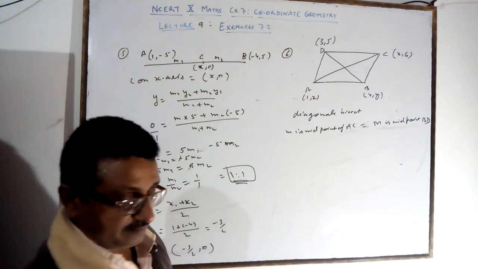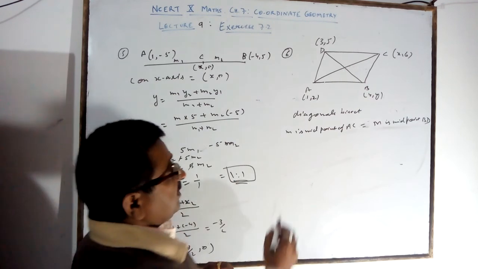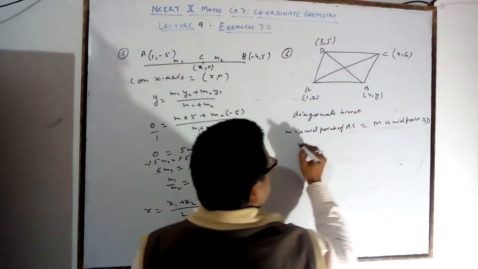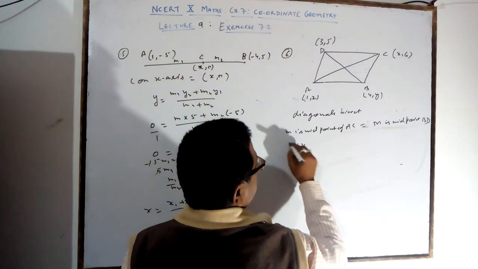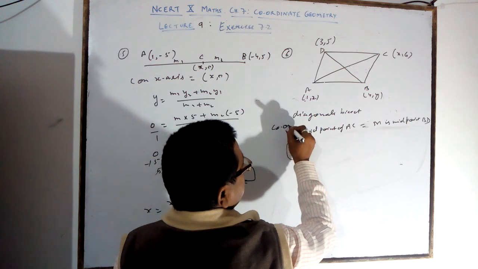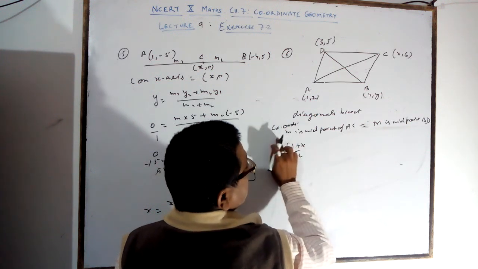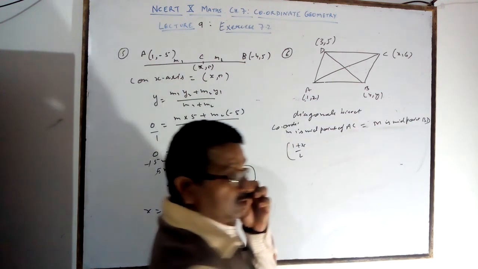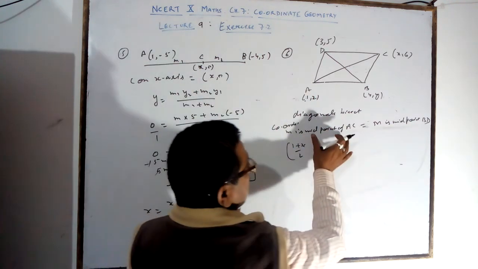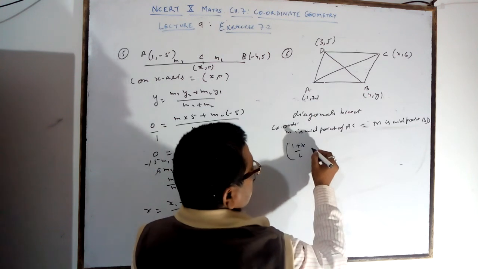Both have midpoint M. So use the midpoint formula, x1 plus x2 by 2. For AC, it is (1 plus x) by 2. The coordinate of M will be the same on the left and right, because one point is common for both the lines.